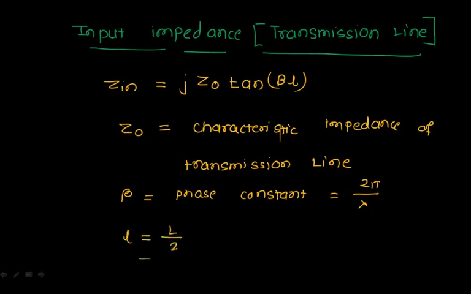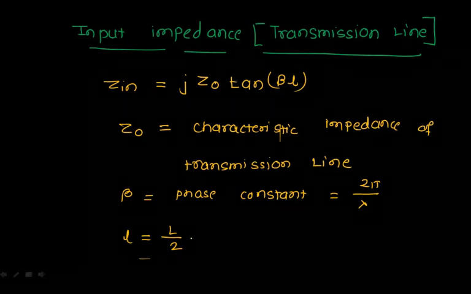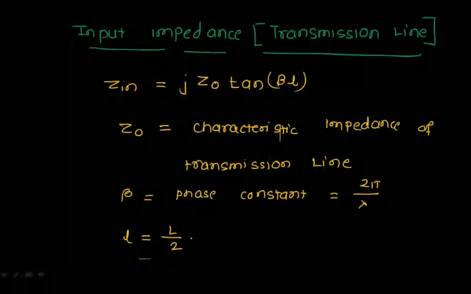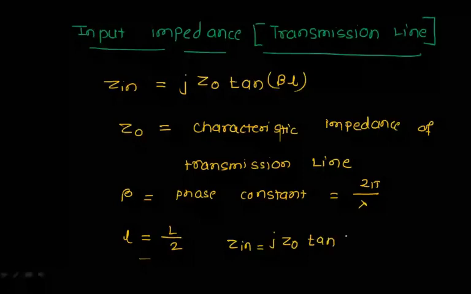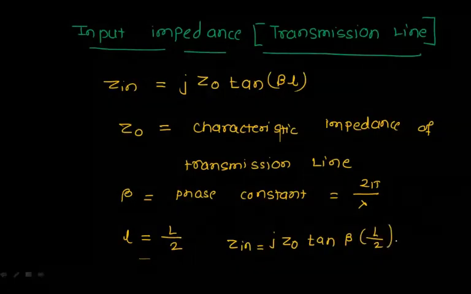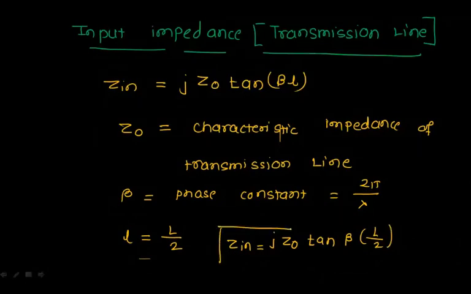Now for the input impedance of the folded dipole antenna, you just put all the values and you can write down Zin is equal to jZ0 tan of beta, I'll keep this beta as it is, and L I have replaced with L by 2. So this is nothing but the input impedance in the transmission line mode.